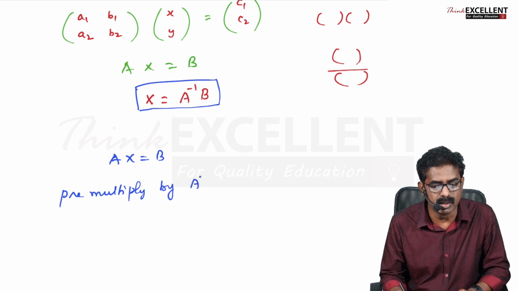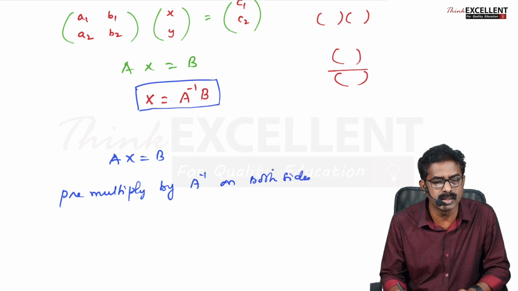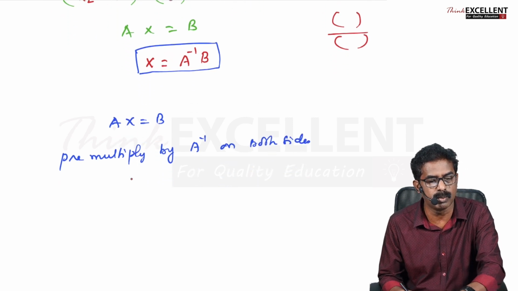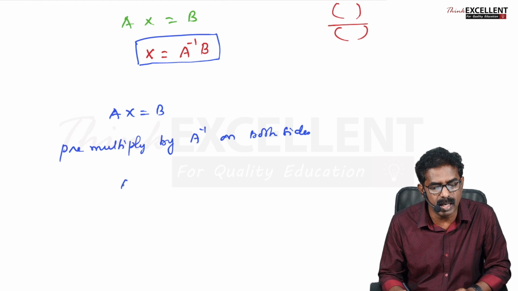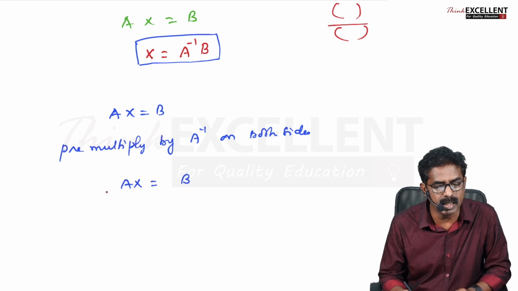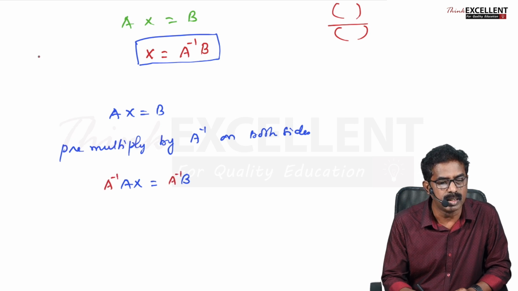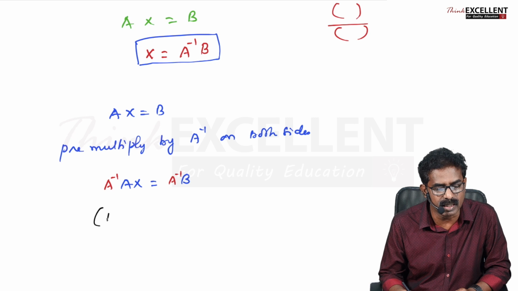Pre-multiply by A inverse on both sides. So what do you get here? Listen, we have AX equal to B, right? Pre-multiply by A inverse. So that means in the front you multiply by what? A inverse. Now you group first and second: A inverse into A into X equal to A inverse into B.